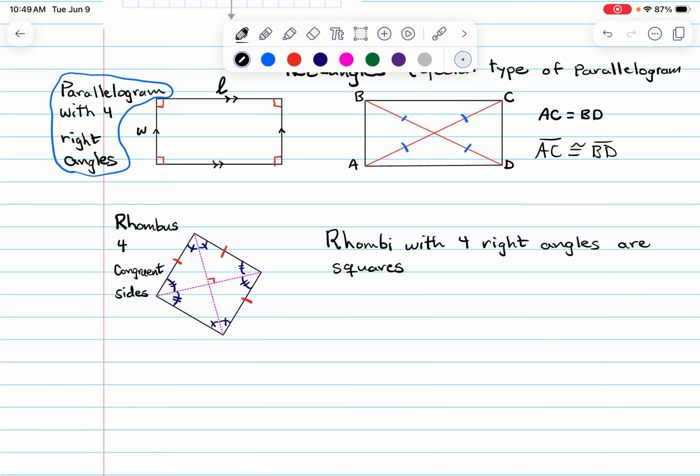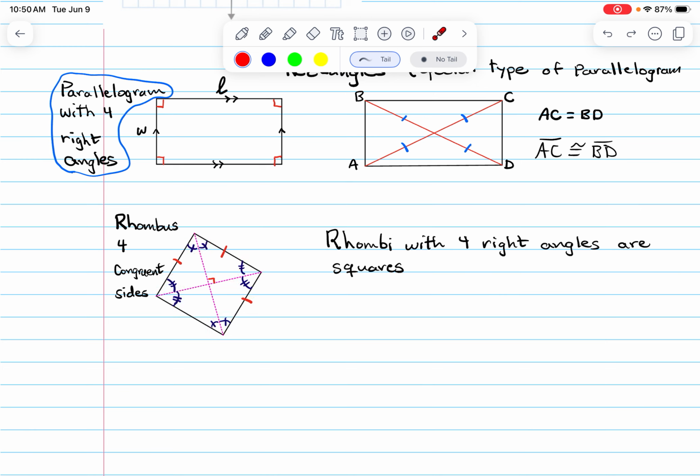If those angles happen to be right angles, then you know you've got yourself a square. So a square is a rhombus, and what makes it a square is that all the angles are right angles. In a rhombus, we don't know what these angles are. However, we do know that the opposite angles are congruent.